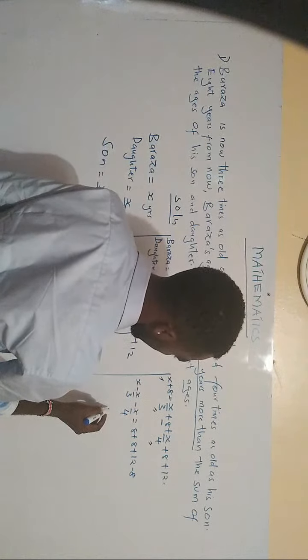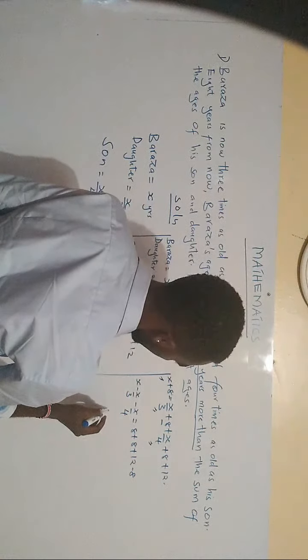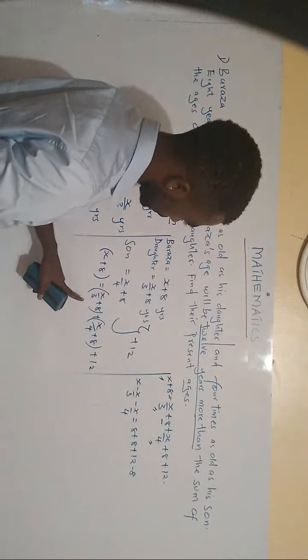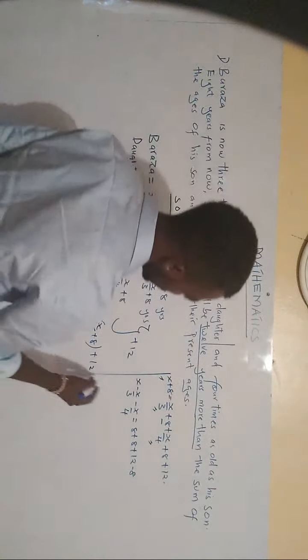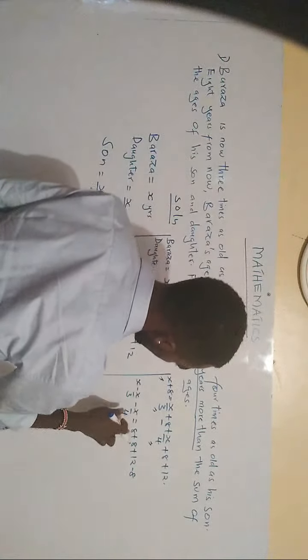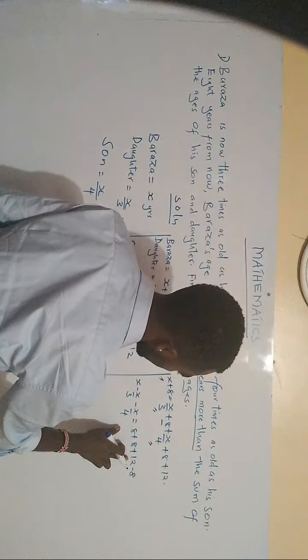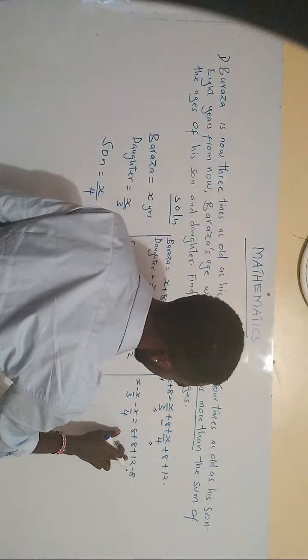That true? So this will be 8 plus 8 is 16, 16 plus 12 is 28, minus 8 is 20.